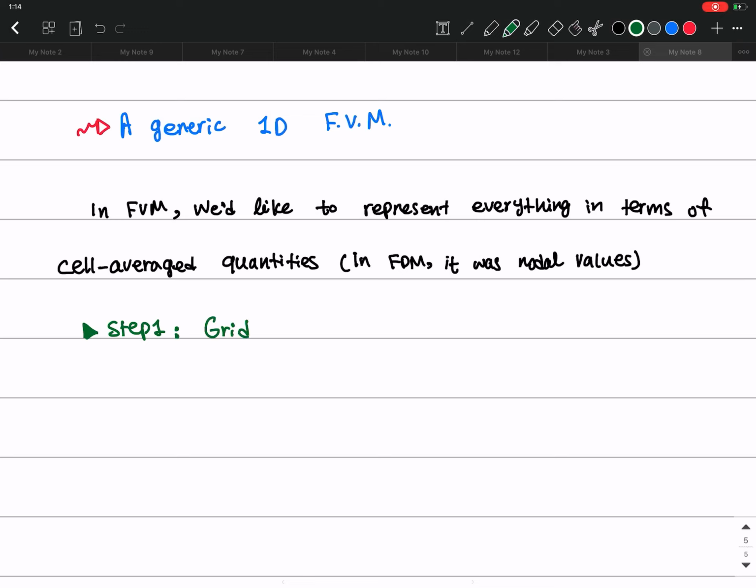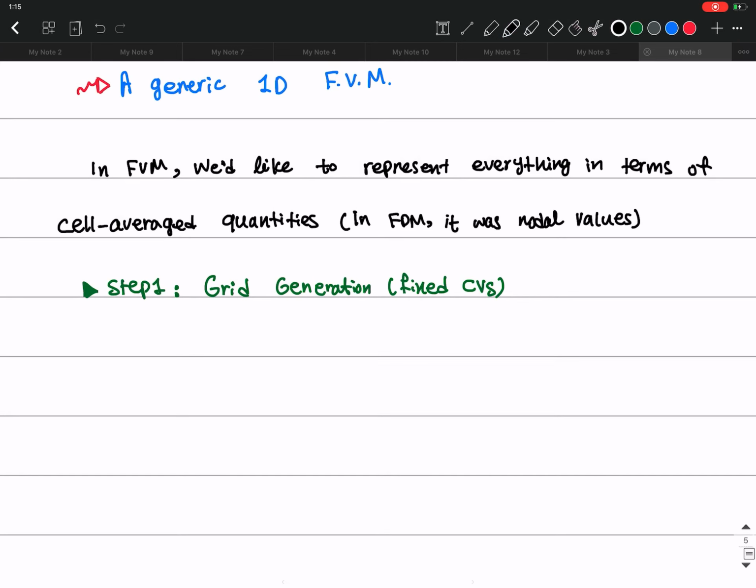When you want to deal with these kind of problems, especially finite volume method, we want to first have a grid generation, okay, with fixed CVs. And this is mostly done by software.